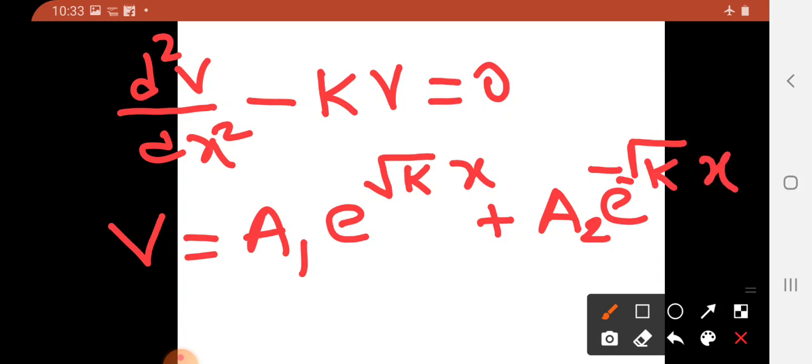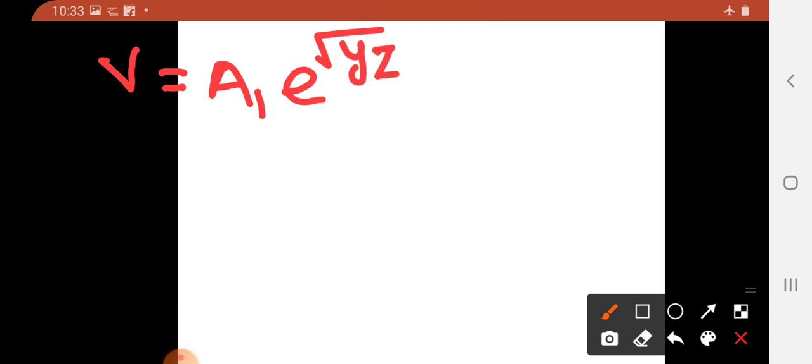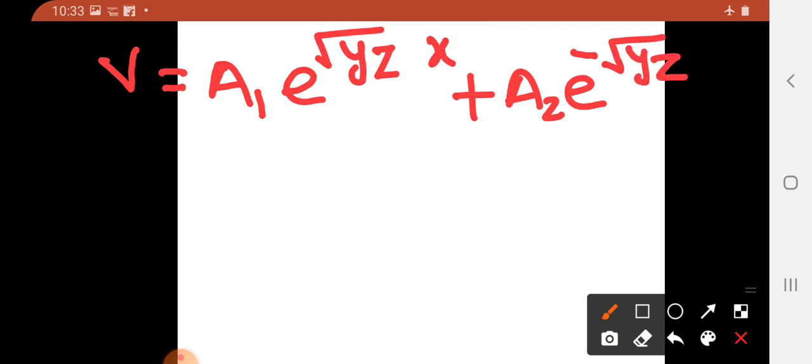Now we know what k is here. K is equal to y z. Then v is equal to a1 into e power root yz into x plus a2 into e power minus root yz into x.